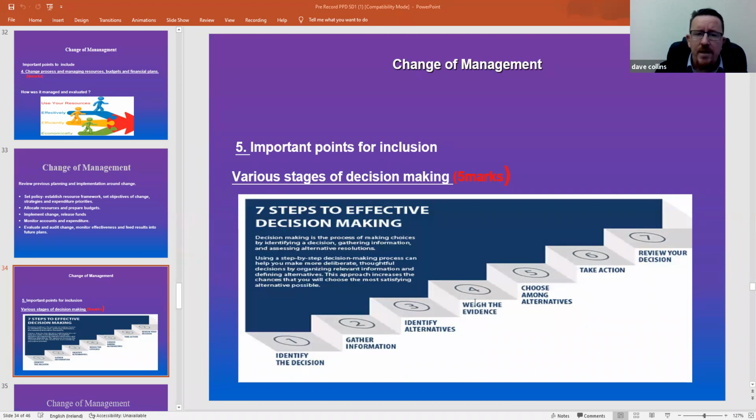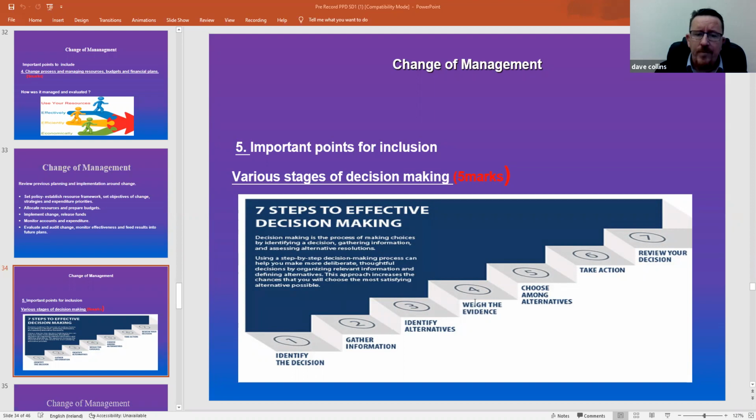Using a step-by-step decision-making process can help you make more deliberate, thoughtful decisions by organizing relevant information and defining alternatives. This approach increases the chances that you will choose the most satisfying alternative possible.